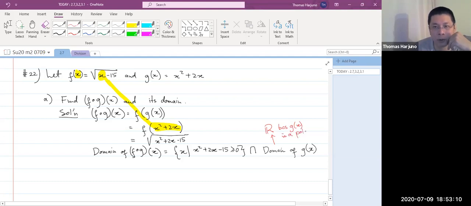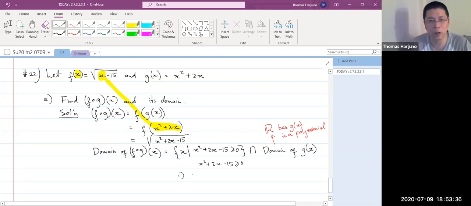If you have a polynomial function, linear function, quadratic function, cubic, then the domain is all real numbers. Our issue is here. It's a nonlinear inequality.